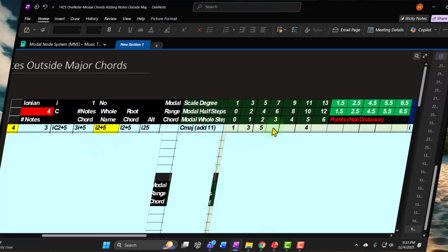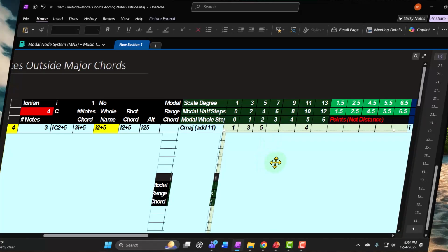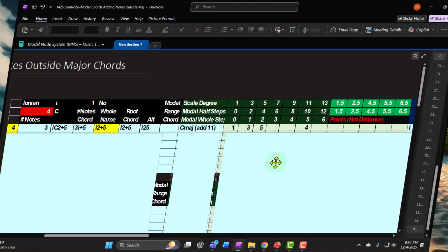And then if I didn't have the one that's 3 modal whole steps up, 6 modal half steps, 7th scale degree, I would say -3, meaning we go long, drop the 1 in the middle, because that last note is kind of like the most important point if I know the shape of a normal stacking for an Ionian.